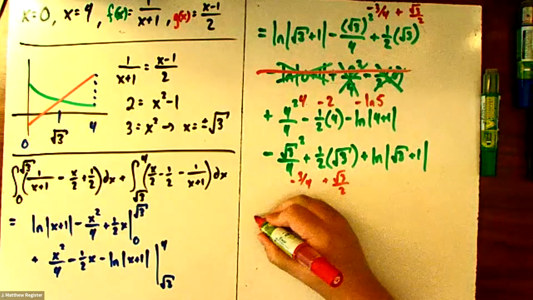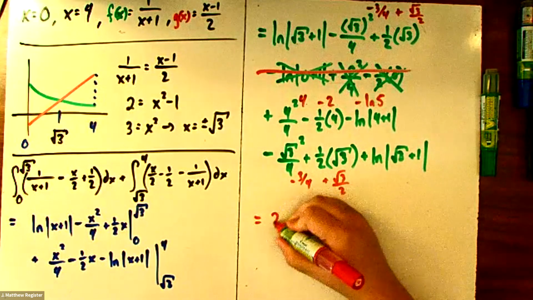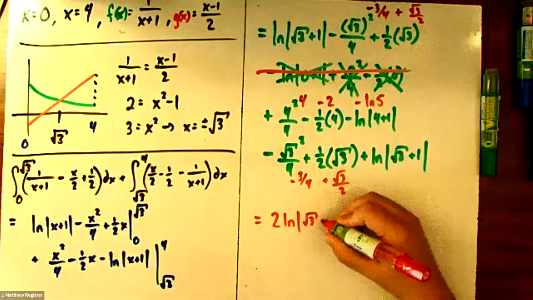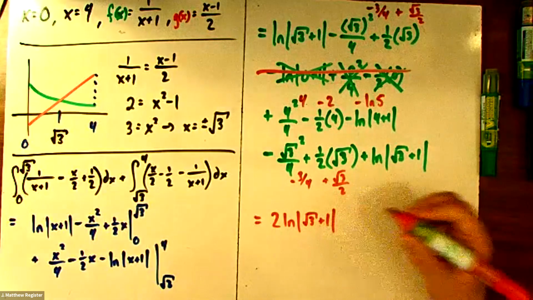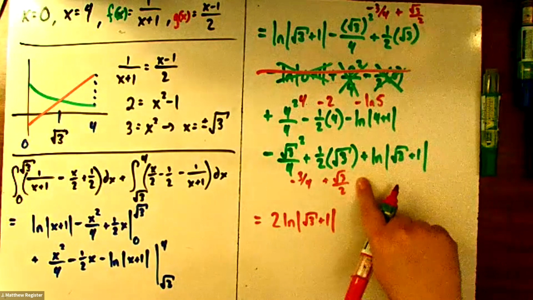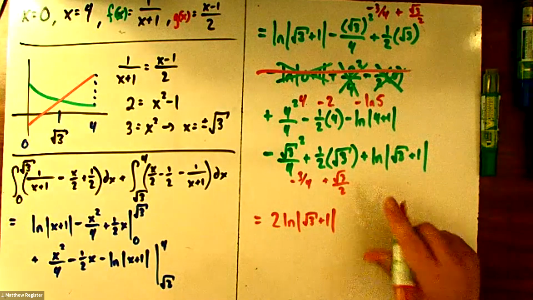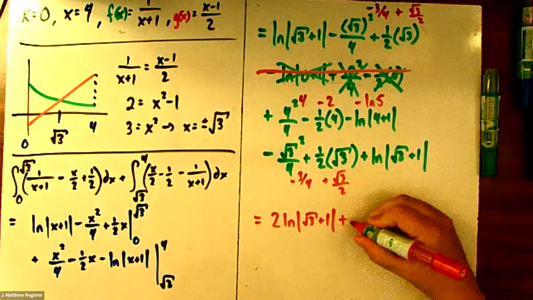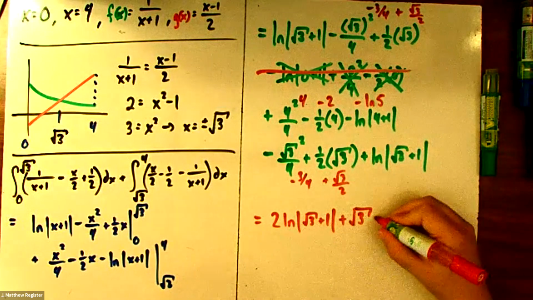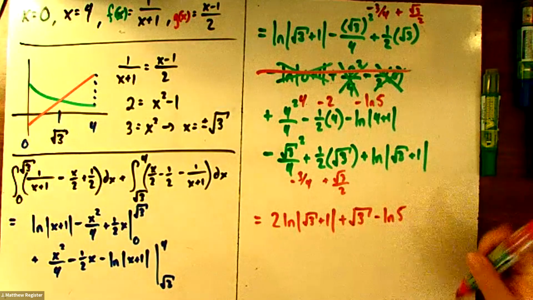So after all is said and done, we have 2 natural log of root 3 plus 1. We have 2 of these root 3 over 2 terms. And so we would say plus root 3. We have a minus natural log of 5.